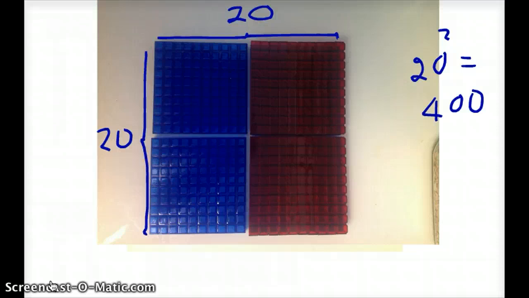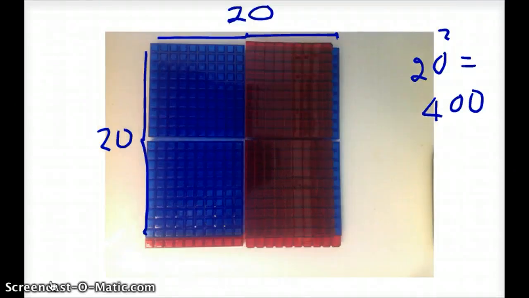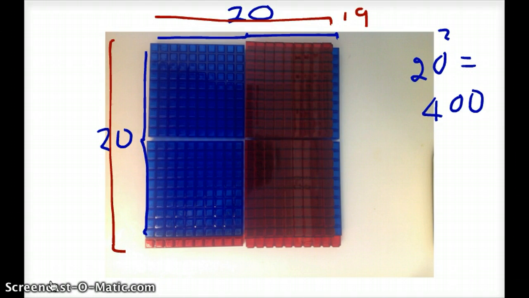Now look what happens when I remove one of the reds from each of those two red hundreds. So what was 20 by 20 in blue is now 19 by 21 in red.